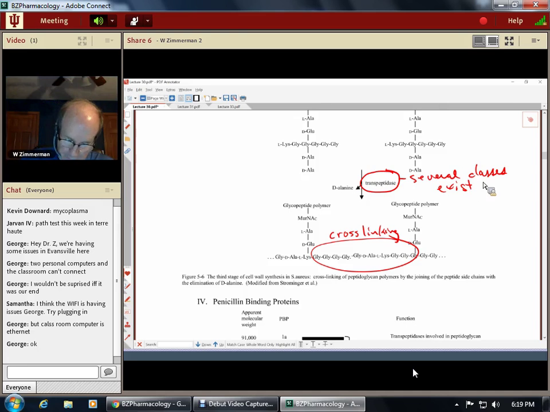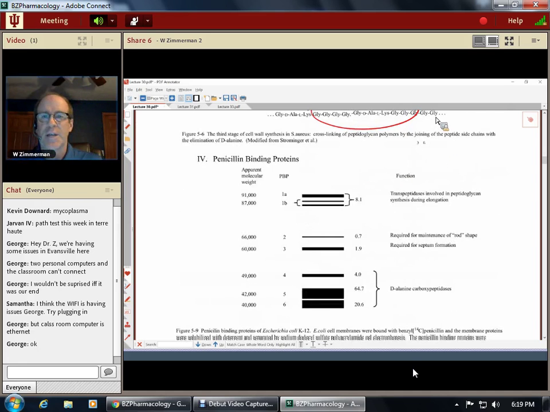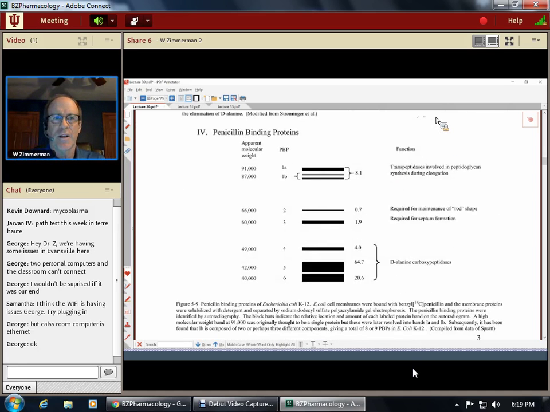Okay, this next table that I have in here, I always get a lot of questions on it because students go, what do you want us to know? And the answer to that is not much, okay? There isn't much here. What we're looking at is an electrophoretic gel, E. coli, where they use radioactive penicillin, used a detergent, and then they used the gel electrophoresis, and they separated out these different proteins that bound penicillin.